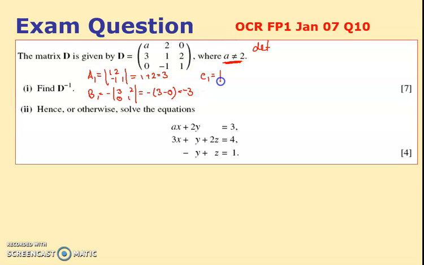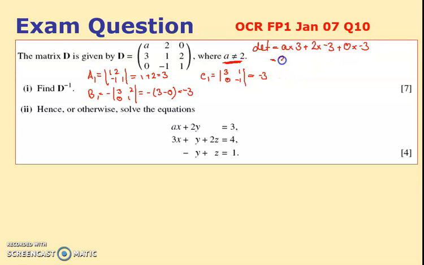My last one is C1, which presumably then is 3, 1, 0, minus 1. And that is equal to minus 3 minus nothing. So that's it. So the determinant will be a times by 3 plus 2 times by the negative 3 plus 0 times by negative 3 as well.